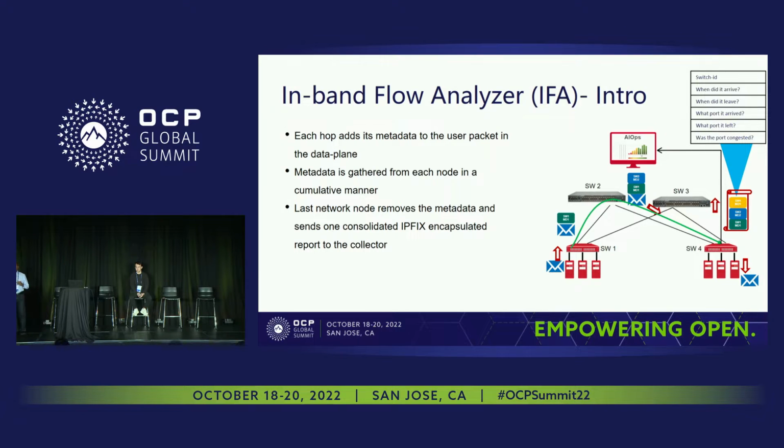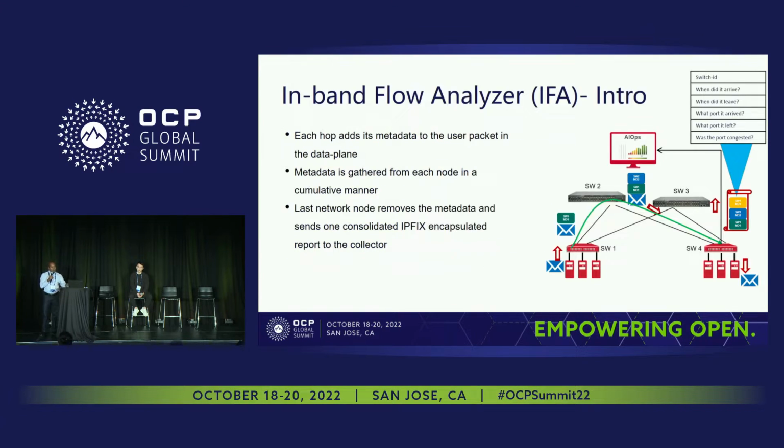With in-band telemetry, each hop is adding its metadata, but only the last node, the egress node, will send a report to the collector. And that means no matter how many hops the packet traversed through, the collector will receive only one report with per hop metadata at packet level granularity. And that means it is comparatively very light on the network, and providing the exact details that the analytics or a collector is expecting.